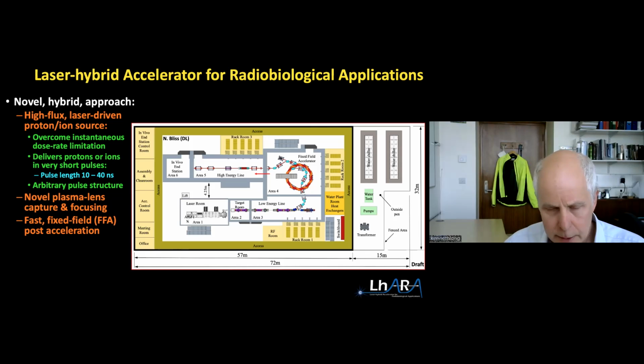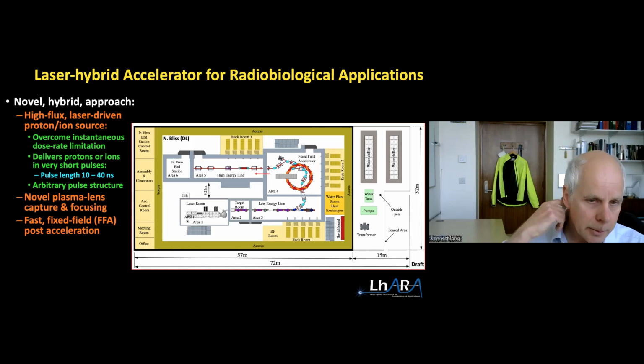The key thing is that the electric fields inside the laser are very, very large. And that means we can produce ions with energy significantly larger than you can produce in a conventional ion source. And I'll show you in a minute that our goal in LhARA is to capture at roughly 250 times a typical energy you can get from an ion source.